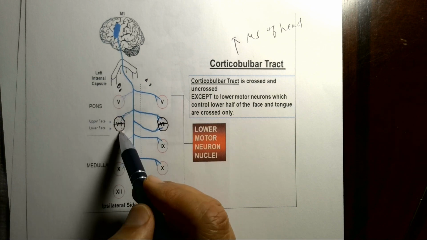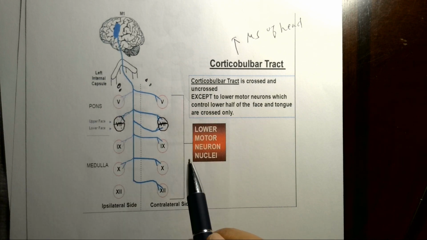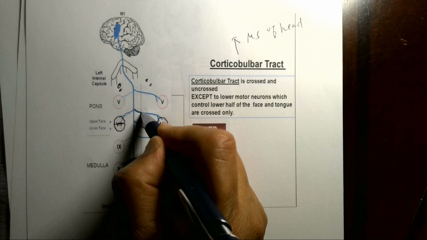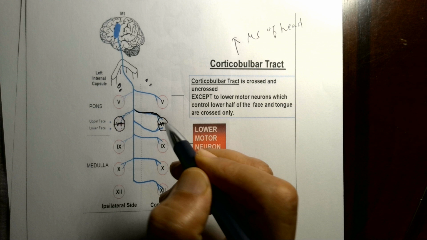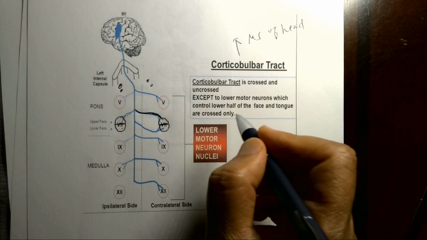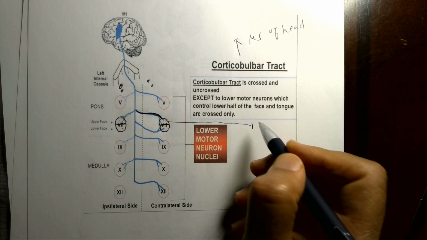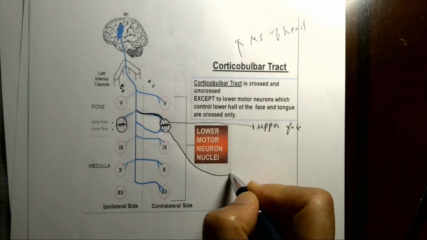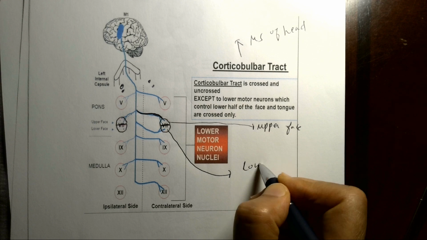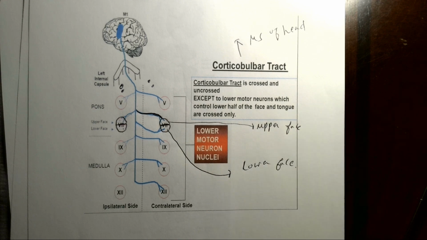What does this mean? It means that the upper part of the nucleus is going to supply muscles of the upper face, and the lower part supplying muscles of the lower face. Okay, muscles of the lower face. Like when I say lower face, like what?